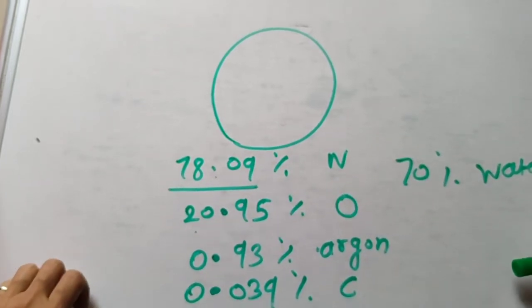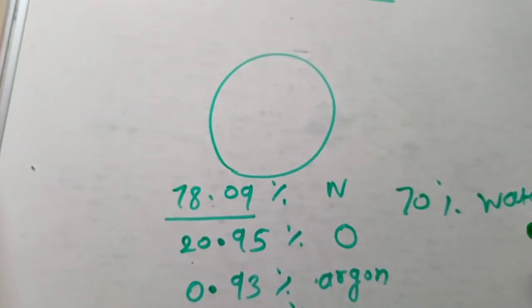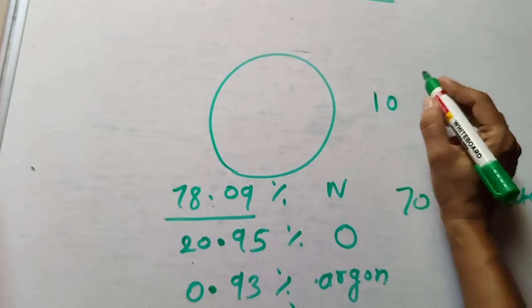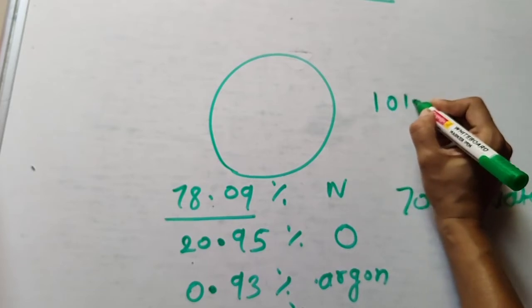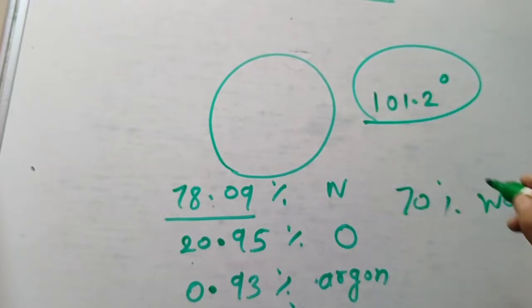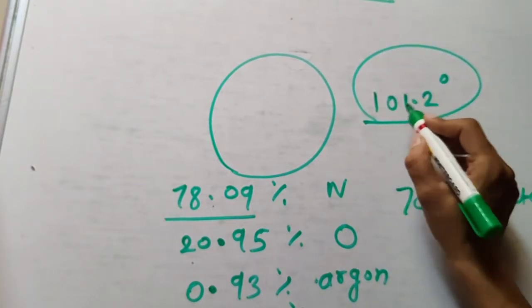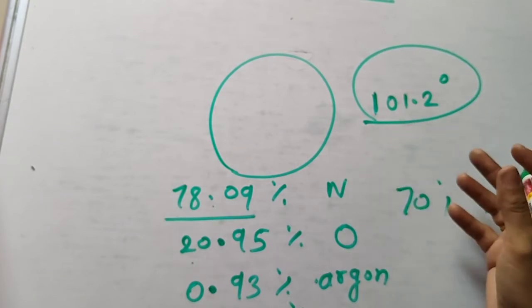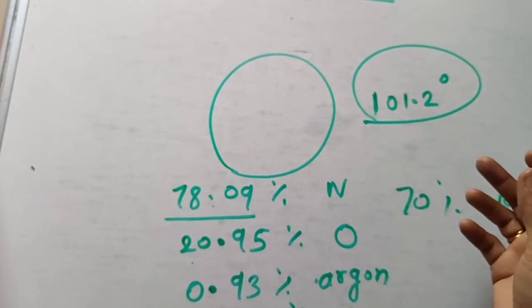Again, suppose you measure your body temperature, and suppose you have a fever. Then your body temperature increases up to 101.2 degrees. Okay, so by using a thermometer you know the temperature of your body. Then suppose you have to measure the temperature of a city.